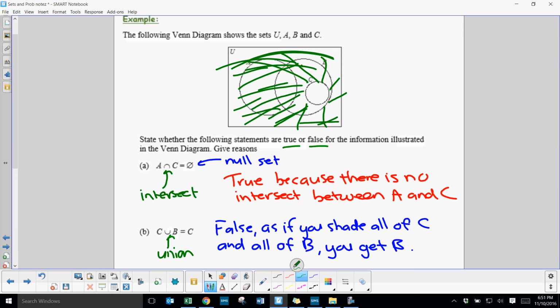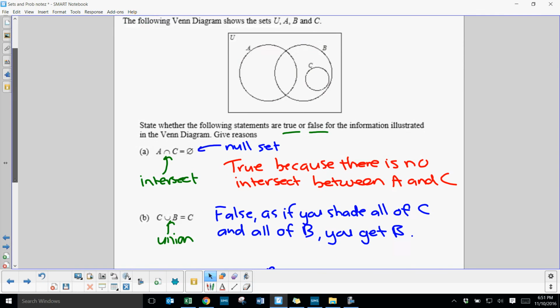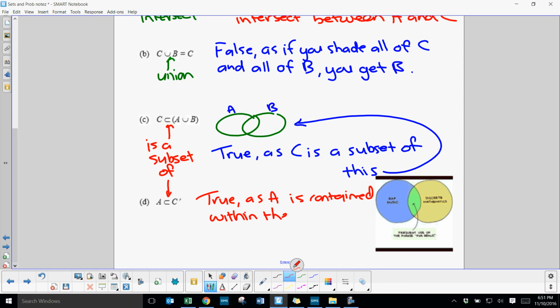So A definitely is a subset of not C because it's included in the set of everything outside of C. So let's write that down. That is true, as A is contained within the region known as C dash, which means outside of C.